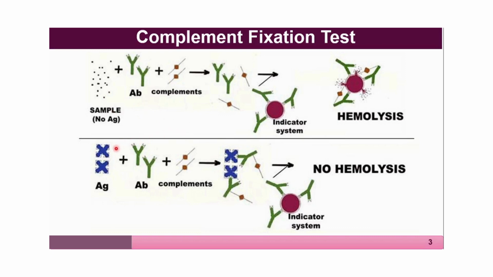If the antibody is readily there in the test serum, the antigen will engage that antibody and the complement added to it will get fixed to that antigen-antibody complex. And then when you add the indicator, that is sheep RBC bound to the anti-sheep RBC, it will not undergo hemolysis.